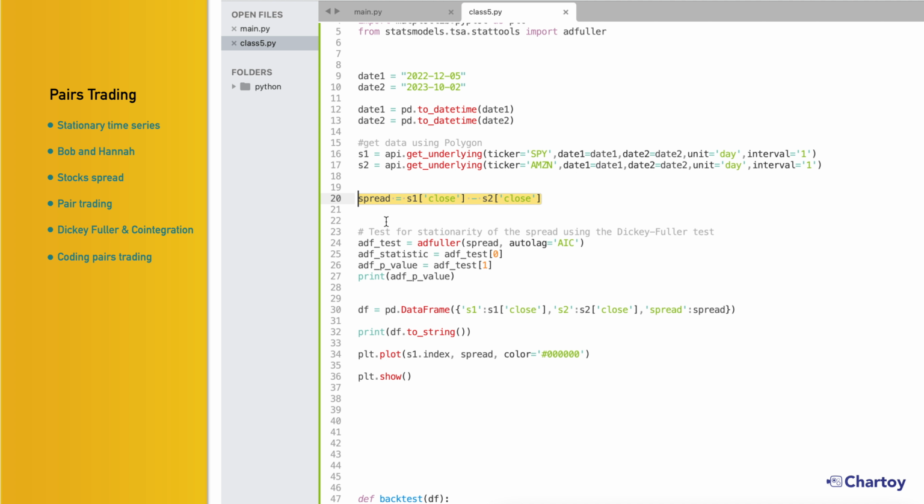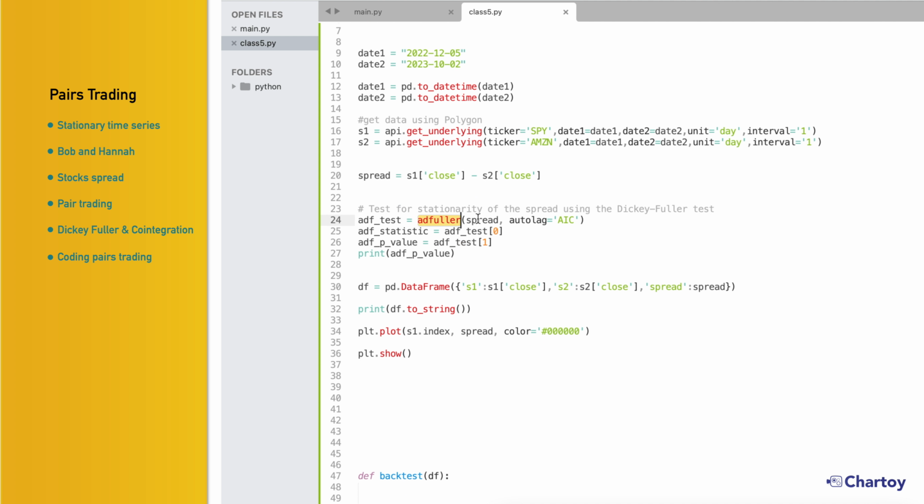Here we are going to calculate the spread, which is basically just subtracting the close price of S2 from the close price of S1. This is the spread we just learned about. Once we have the spread, we are going to use adfuller. We provide it with the spread, and we want to test the stationarity of this spread.